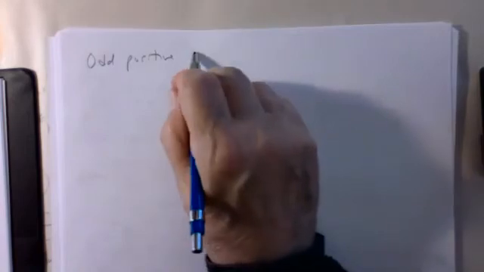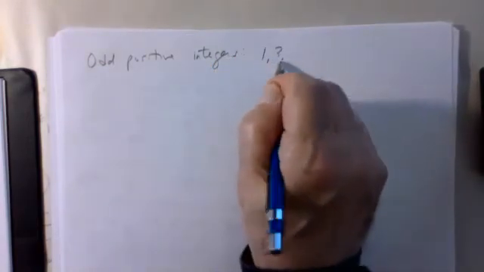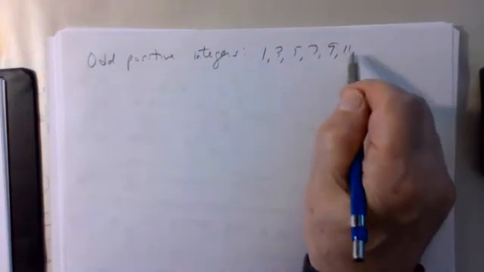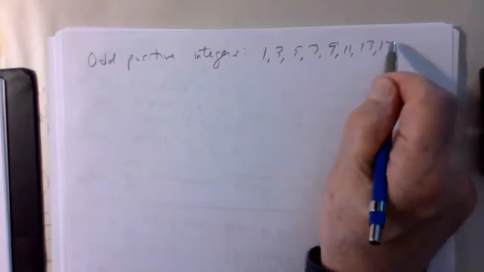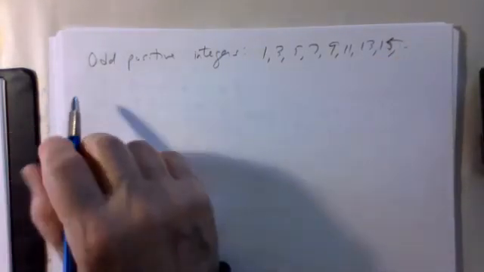Let's look at the sequence of odd integers. 1, 3, 5, 7, 9, 11, 13, 15, and so on. So we have the first integer, 1.